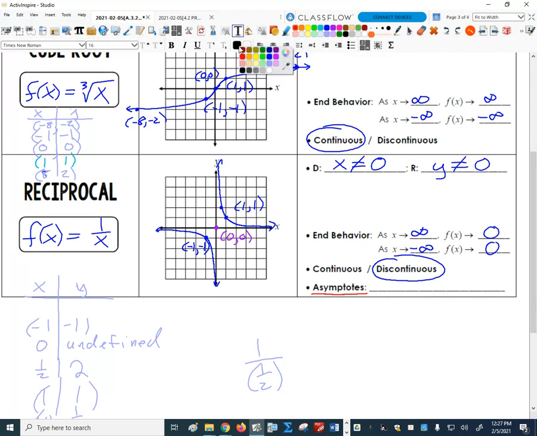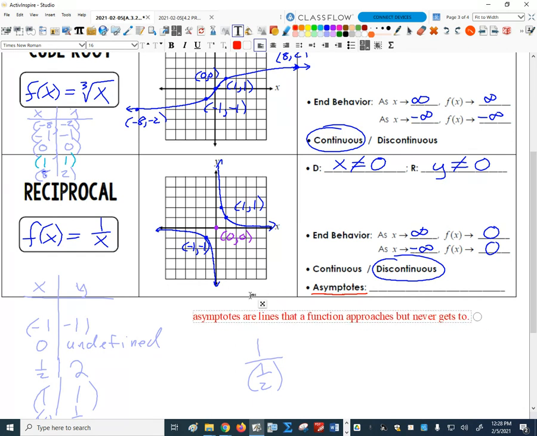Asymptotes are lines that a function approaches but never gets to. Okay, that's what an asymptote means.